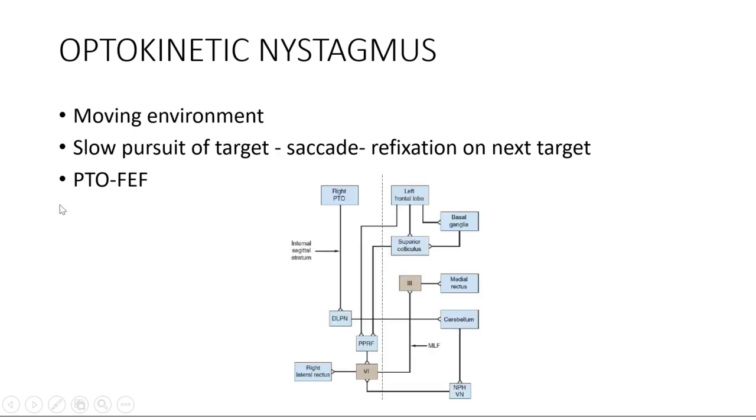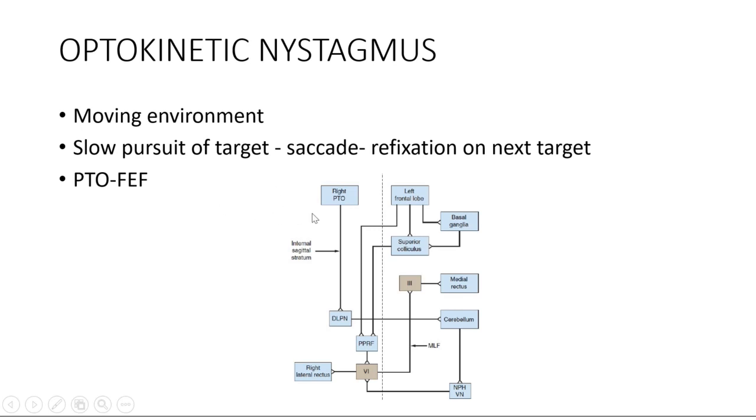One thing you have to notice over here: let's say the object that we were seeing was going towards the right side like this. So our right PTO started working and it caused movement of our eye to the right. Now suddenly there is a corrective saccade, which means we have to look suddenly to the left before refixating on a different object.